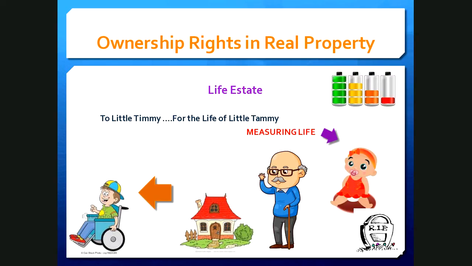Then little Tammy becomes the measuring life, and little Timmy would own the property so long as little Tammy was alive. When we have this set up where the life estate is for the life of a third party, not the grantee, this one's called a life estate per autre vie, meaning the life estate for the life of another.